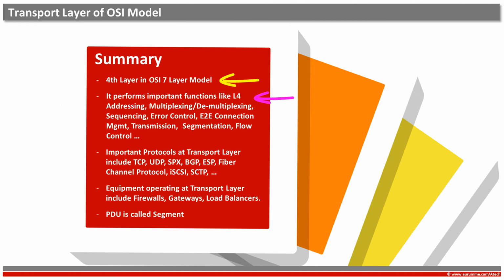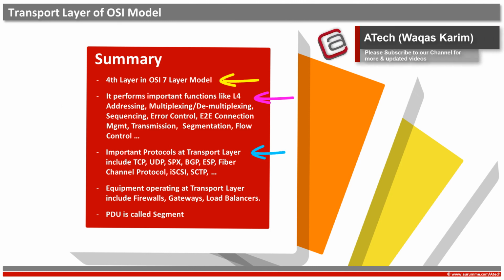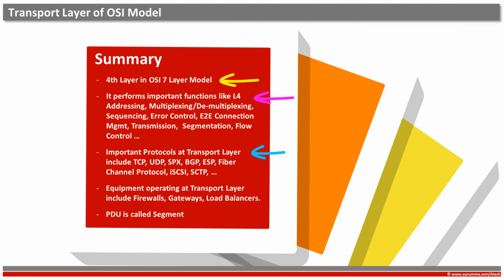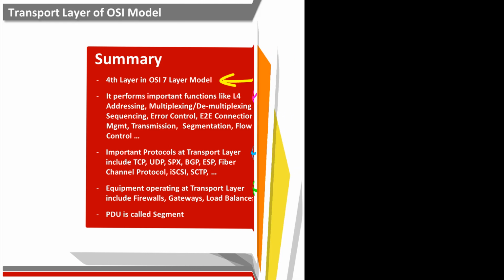There are two important protocols at the transport layer which are TCP and UDP. Other protocols at the transport layer include BGP, ESP, Fibre Channel, iSCSI, SCTP, and so on. Equipment operating at the transport layer include firewalls, gateways, load balancers, and so on.